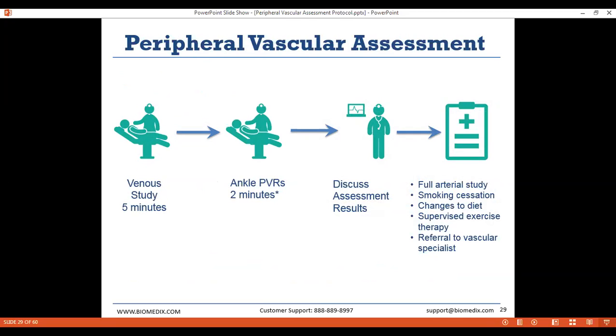Then the doctor, the care provider, will come in and interpret the results. They'll discuss whether the study results were normal or abnormal, and then discuss recommendations for improvement for the future. Oftentimes that might be changes in diet or exercise or smoking cessation, but if it's appropriate, it can also include whether or not they're due for a full arterial study.